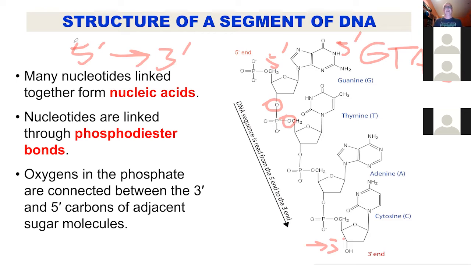So you can see that since this is DNA, we just have a hydrogen there. And notice all the other carbons are bound up with something. Carbon 1 has the base on it. Carbon 2 doesn't have anything. Carbon 3 is where a new phosphodiester bond is made.